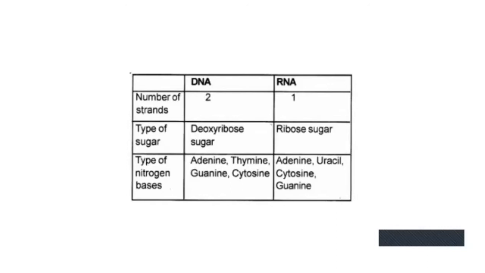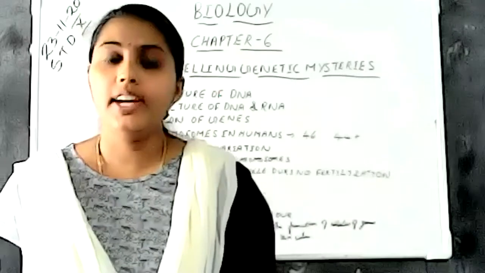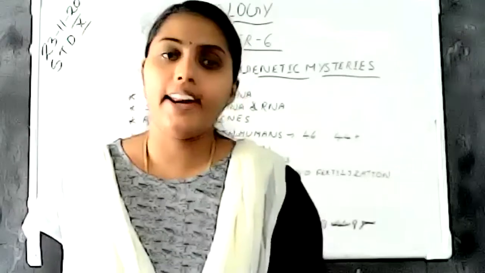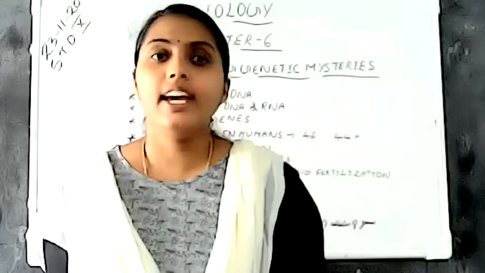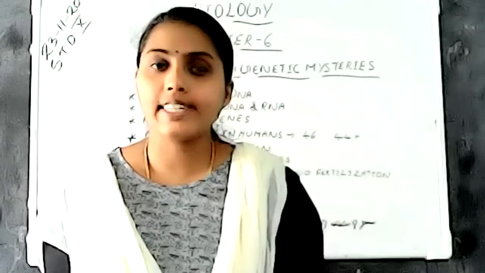So DNA consists of 4 nitrogen bases, that is adenine, thymine, guanine, cytosine. RNA also consists of 4 nitrogen bases, but instead of thymine, uracil is present in RNA. That is adenine, uracil, cytosine, and guanine. So I think it's clear for you about the comparison between DNA and RNA. DNA is deoxyribonucleic acid.